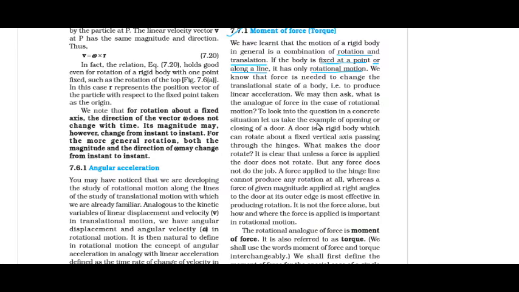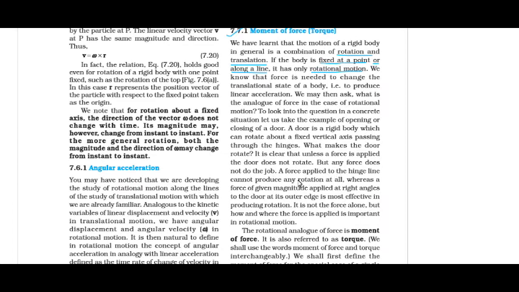let us take an example of opening and closing a door. A door is a rigid body which can rotate about its fixed vertical axis passing through the hinges. What makes the door rotate? It is clear that unless a force is applied to the door, it does not rotate.